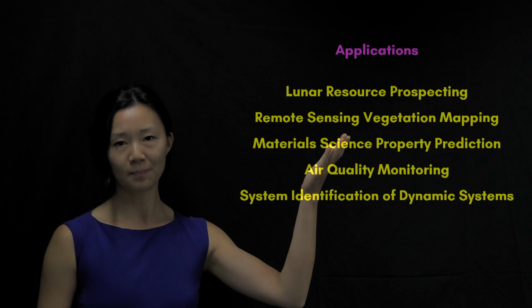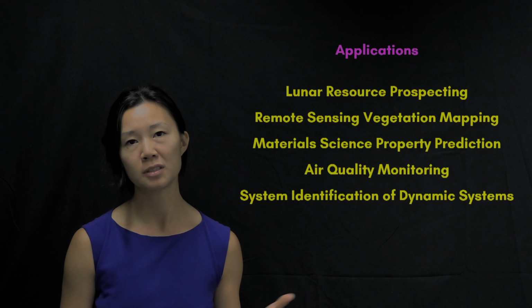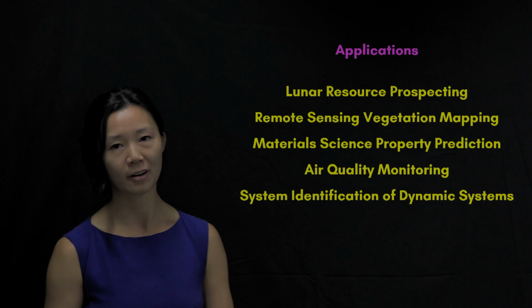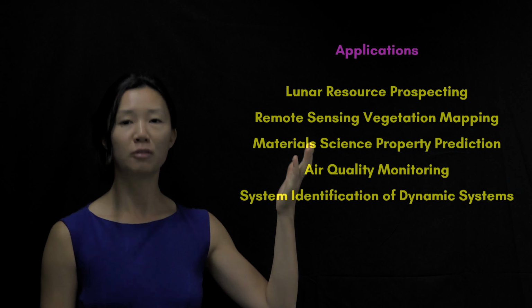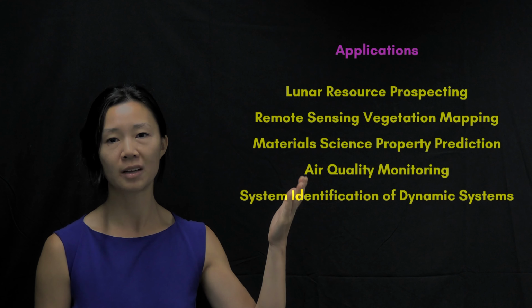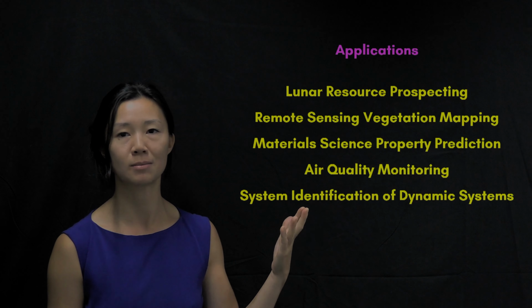As you can see, we're going to be talking about some very diverse applications and some range of goals associated with active learning. First, we'll talk about lunar resource prospecting, remote sensing vegetation mapping, material science property prediction, air quality monitoring, and then system identification of dynamic systems.